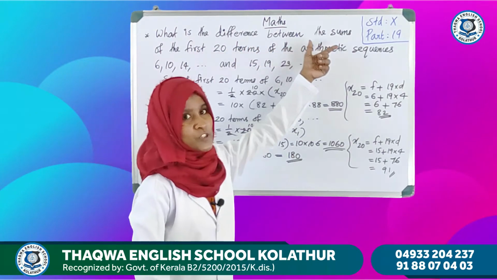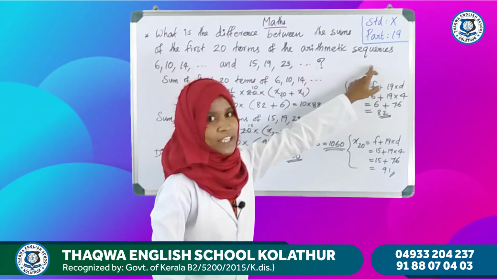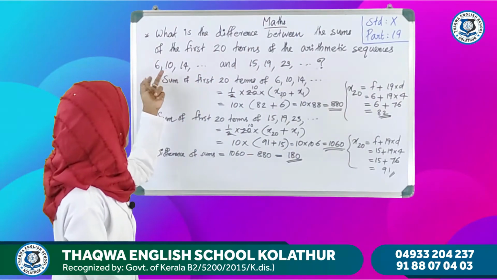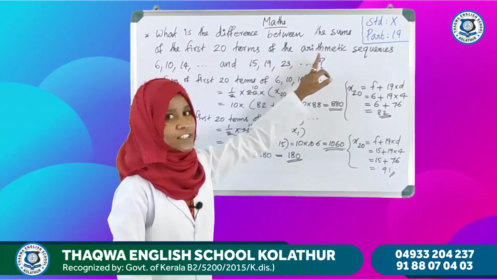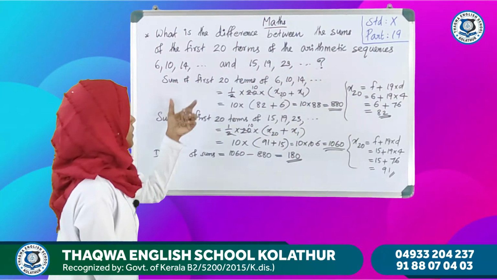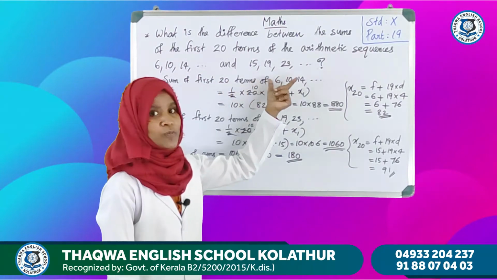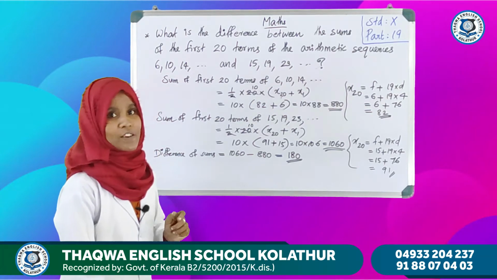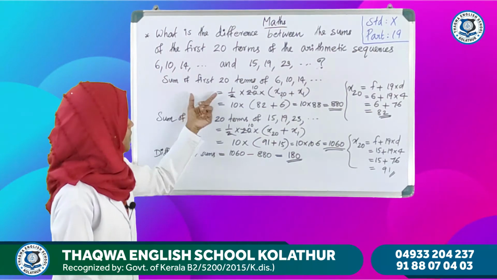Okay, next question. What is the difference between the sums of the first 20 terms of the arithmetic sequences 6, 10, 14, etc. and 15, 19, 23, etc.? So first listen. Sum of the first 20 terms of our first sequence, 6, 10, 14.